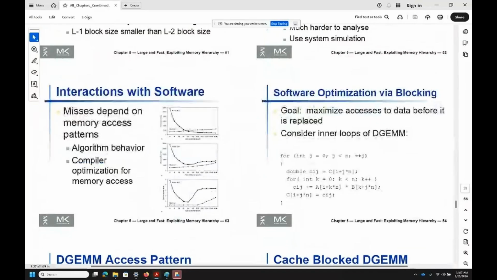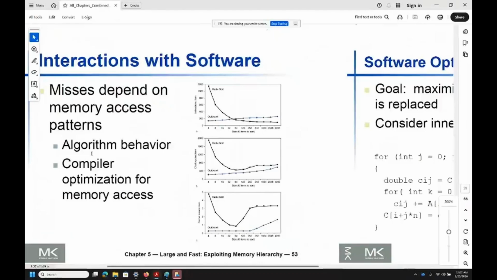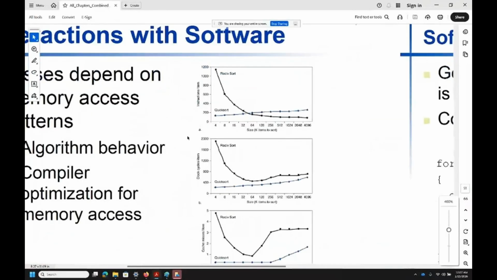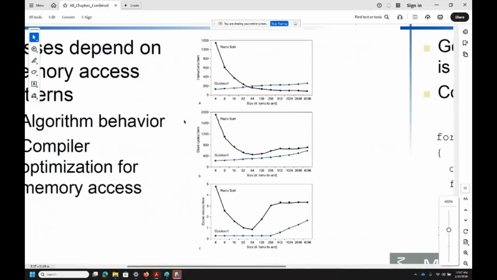Misses depend on memory access patterns, and memory access patterns are why certain data structures are favored over other data structures. How exactly the program accesses the memory is important. So here is a comparison of radix sort and quicksort, with k items to sort, going from 0 to 4096. You can see that quicksort does not blow up so much.